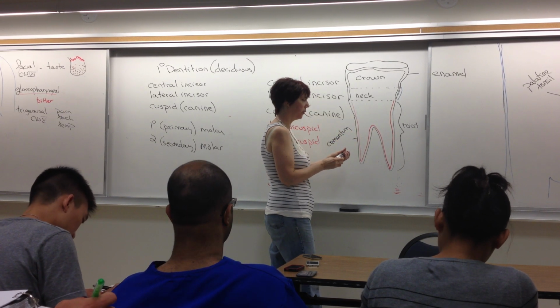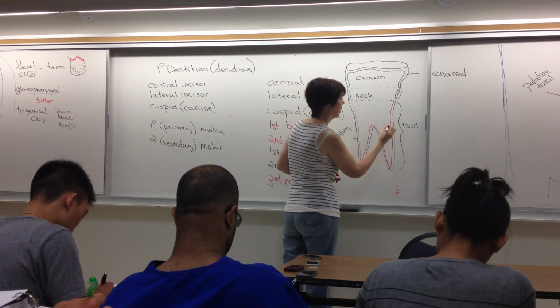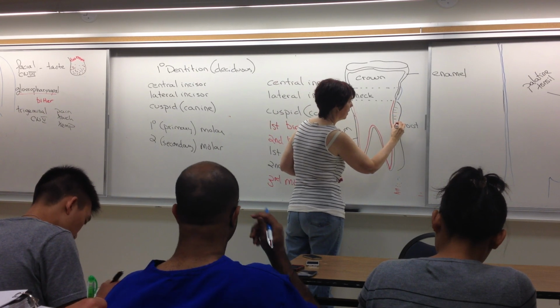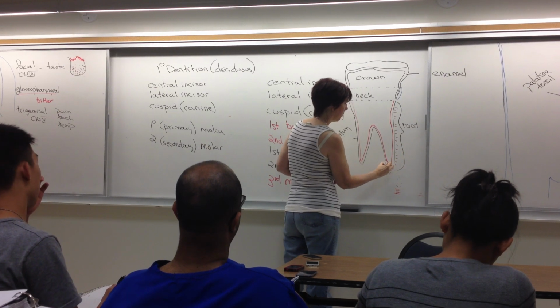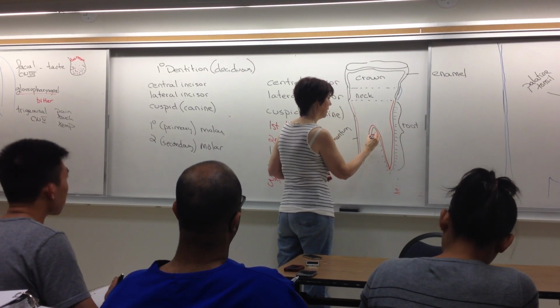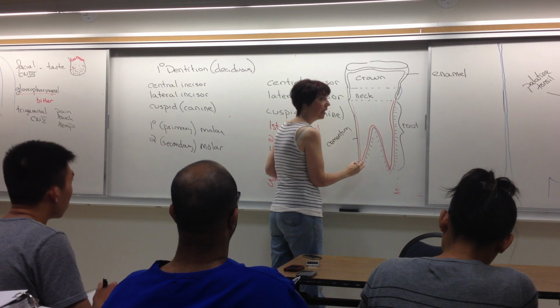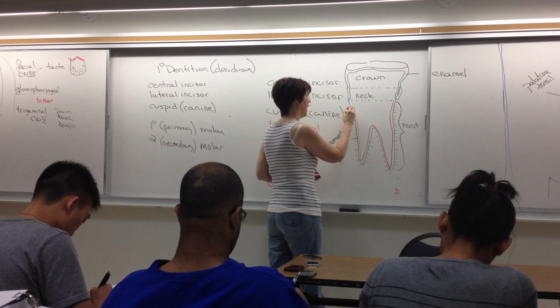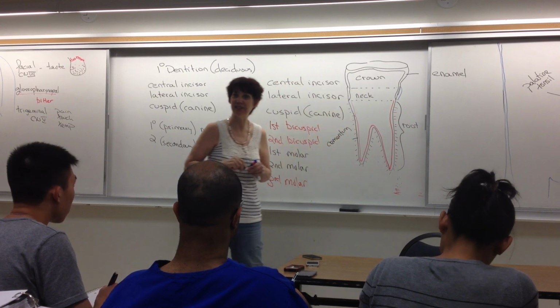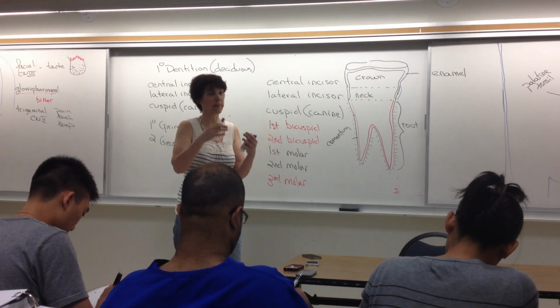And remember, the root is anchored to the bone via a fibrous ligament. So what do we call this joint? Do you remember? Gomphosis. All right, so there's an area of joint lecture that you might see on the comprehensive where it comes back to apply.